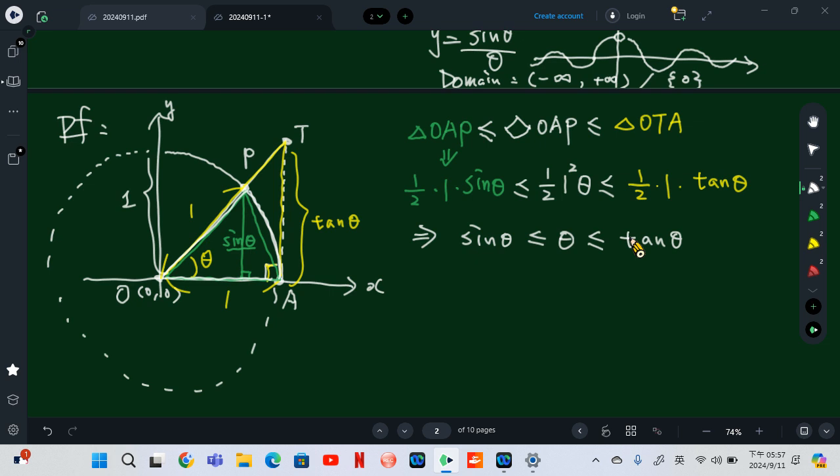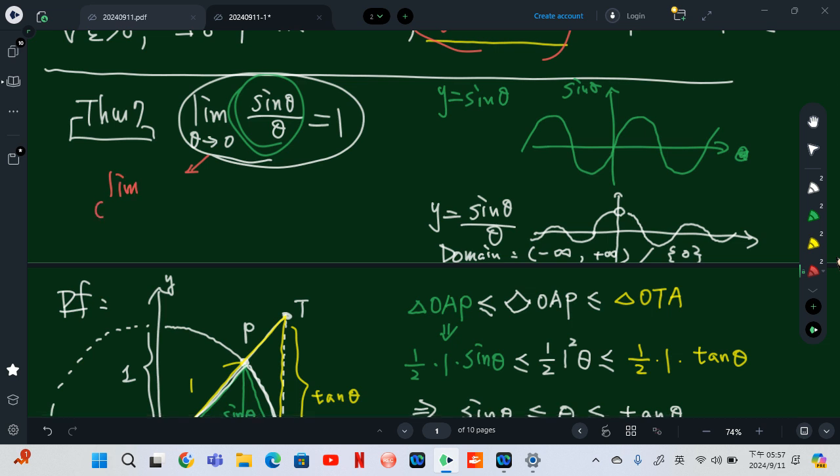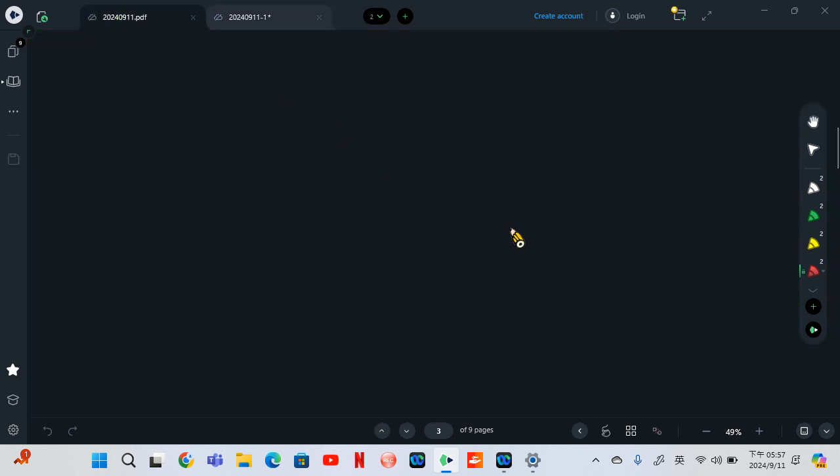But because we want to prove it, we can divide it into two parts: the limit as theta approaches 0 plus of sine theta over theta, and also the limit as theta approaches 0 minus of sine theta over theta. So we try to calculate these two. If these two limits are the same, do you still remember what we learned 2 hours ago?